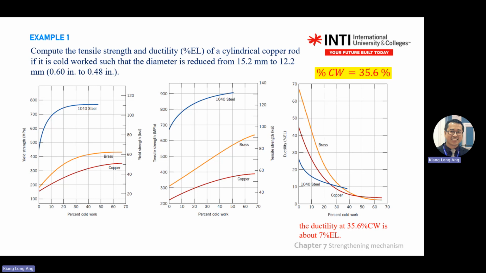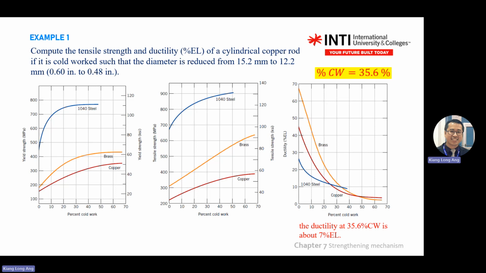So you need to find how many percent. This one is from the graph, so same, don't read the wrong graph. Here you have tensile strength and yield strength. The question asks you for tensile strength. Don't read the two, and don't go and do another one and ask me to choose for you.